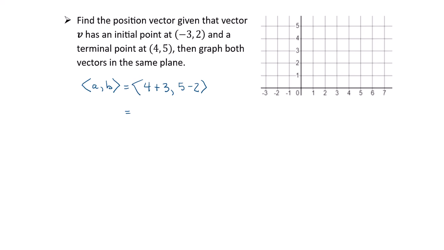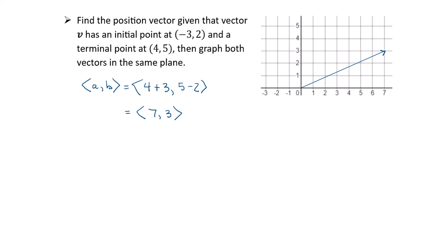So vector AB, the position vector, will be 7 and 3. So we start with the position vector at the origin and we will terminate at (7, 3), making sure to put an arrow there at the terminal point.